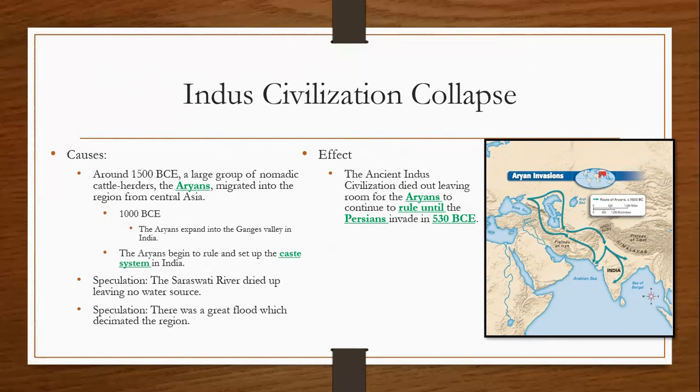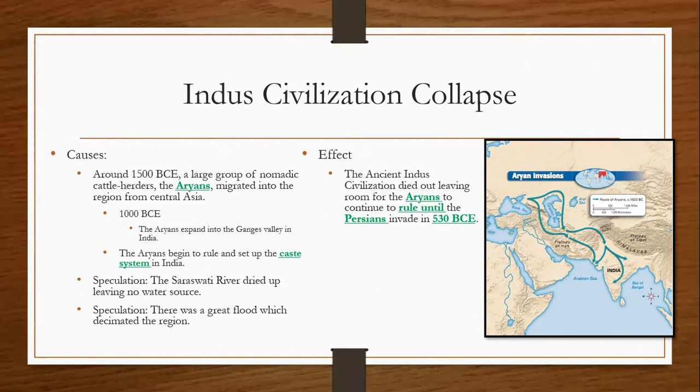Possibly from the Caucasus Mountains, which is southern Russia, eventually making their way through modern day Iraq and Iran, and down further south into India, going through the Khyber Pass. By the year 1000, they had expanded into the Ganges Valley. So they have taken over northern India, and they introduced the caste system into India.